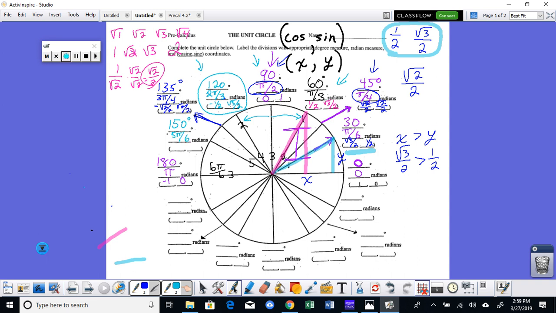The ordered pairs are the same except x is negative. Negative square root of 3 over 2, 1/2.